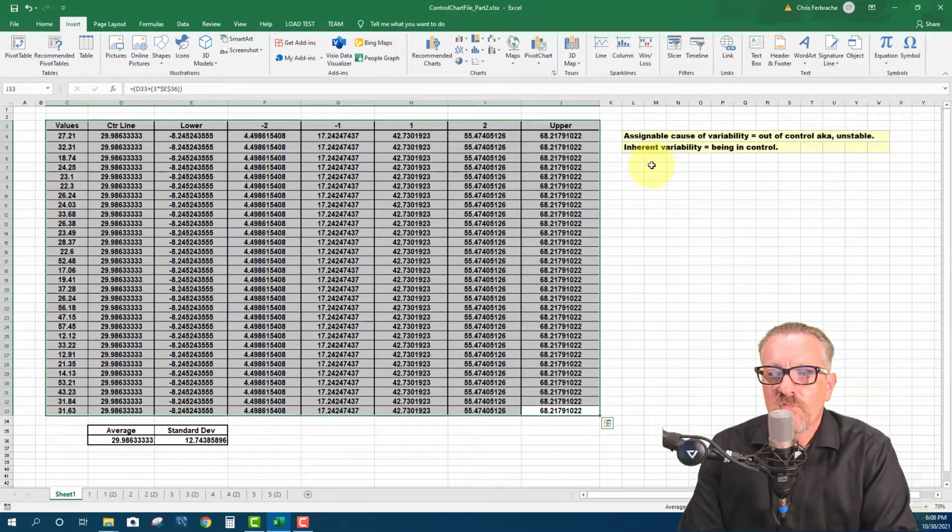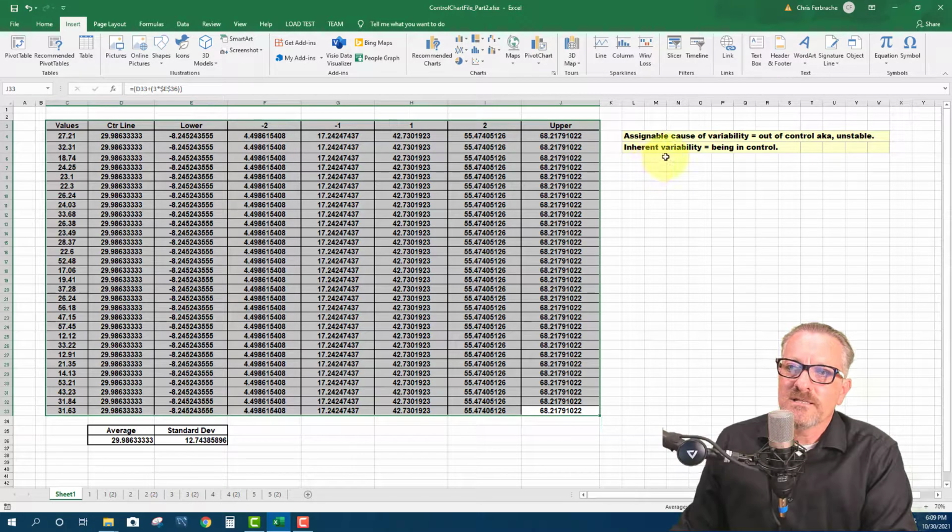You say, oh, well, that was because, let's say you're using machine dies for cutting metal or turning things, that one was a damaged die that was used, so the items made during that shift were out of tolerance. So that's an assignable cause.